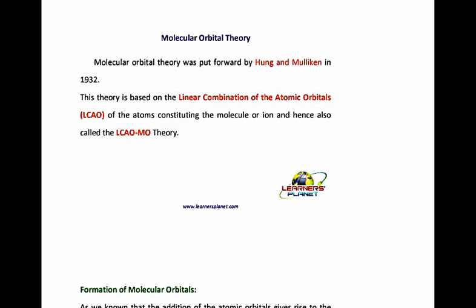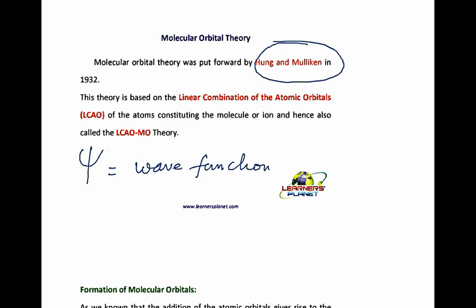Now, molecular orbital theory was put forward by Hund and Mulliken in the year 1932. So these were the scientists who put forward the molecular orbital theory. To understand the physical meaning of this theory, we have to remember the wave function psi. What does the wave function psi characterize?